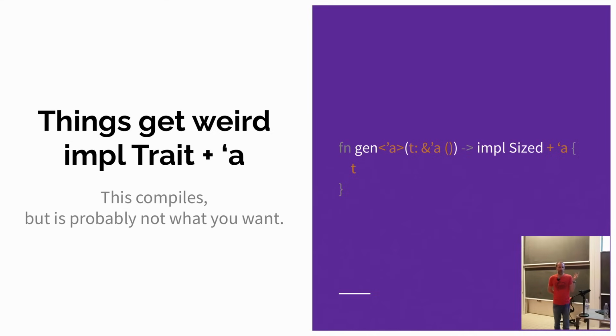So in the next edition, this is something where a decision hasn't been made yet for exactly what will happen, so take this with a grain of salt. But the hope is that in the next edition, I don't know whether they're going to make this a compiler error, but it will probably become a warning, because this is very rarely what you want. It almost certainly does not mean what you intended it to mean.